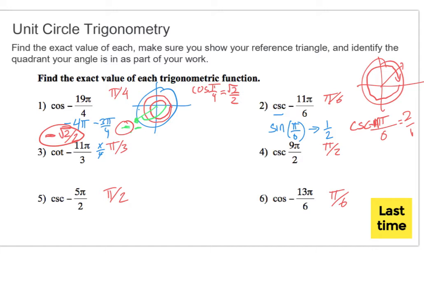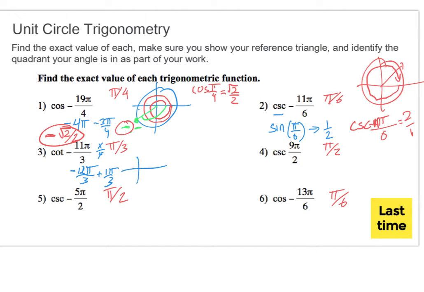And if I wanted to think about this as going around 2 full times, that would be 12 pi over 3. But then we'd have to go back 1. So what if I thought about this as negative 12 pi over 3, which would be going around 2 full times, and then plus 1 pi over 3.